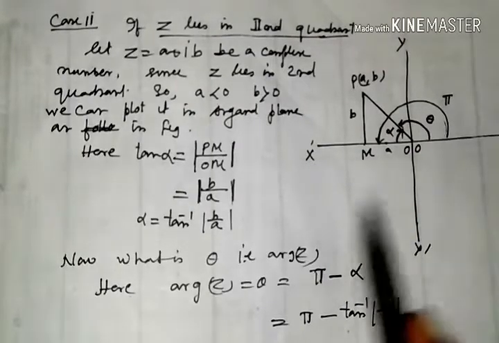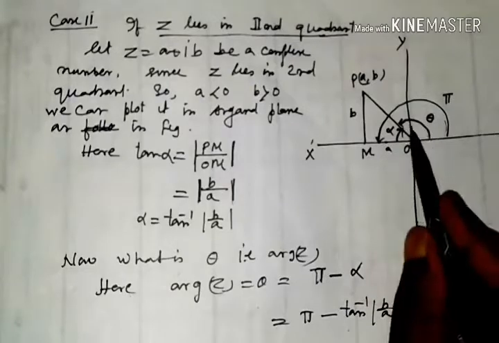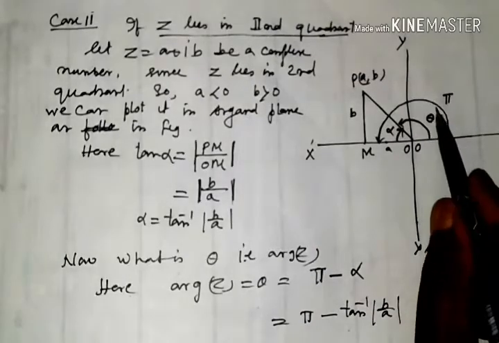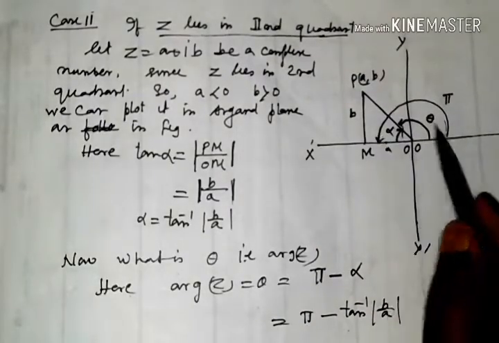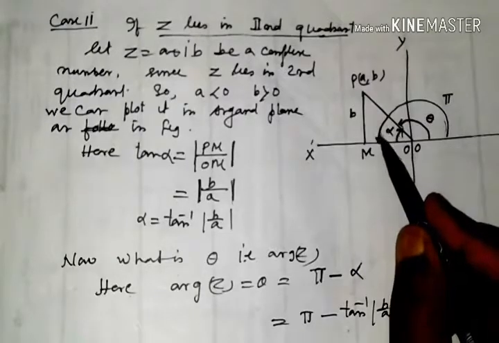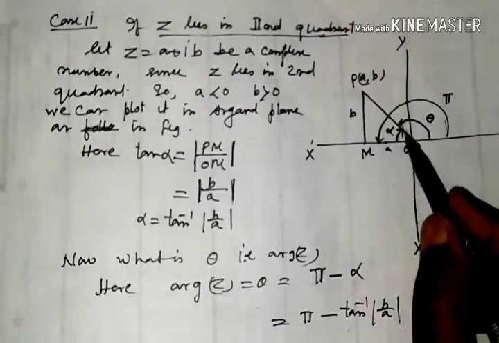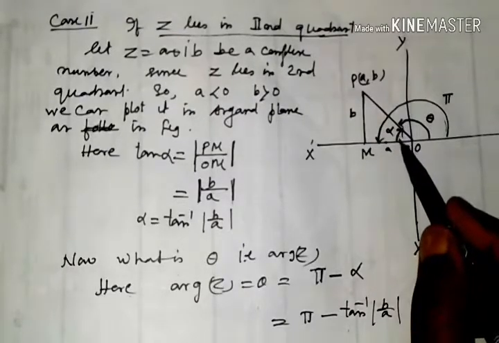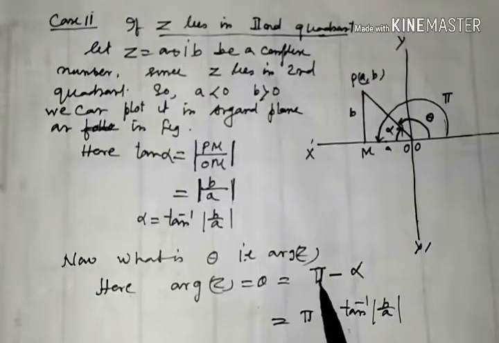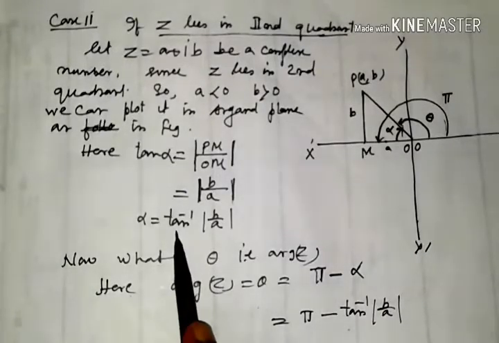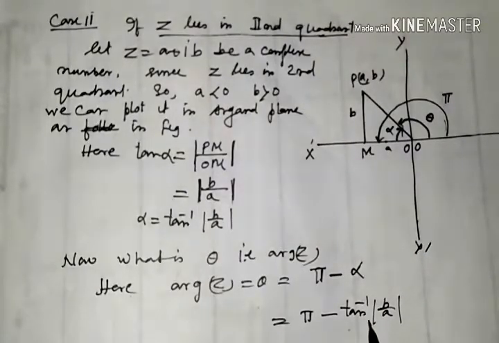Theta is the argument of z. It is pi in the anti-clockwise direction, and we subtract alpha, which is in the clockwise direction. Therefore theta is pi minus alpha, and alpha we have got is tan inverse of the modulus of b by a.